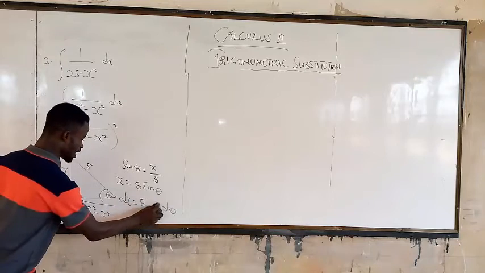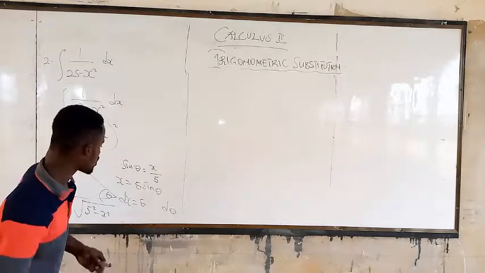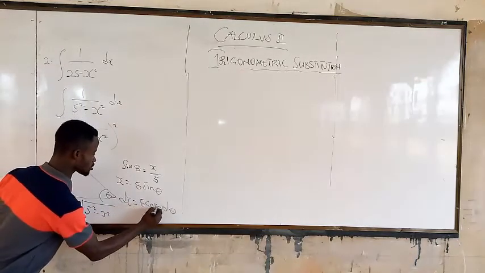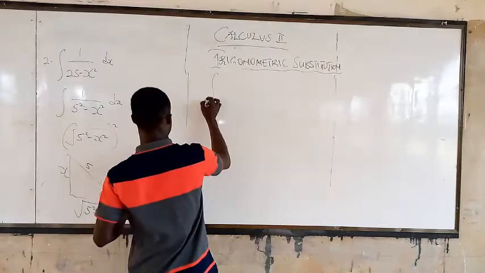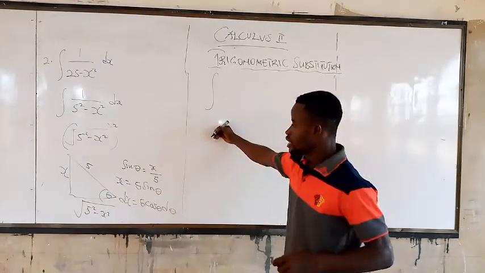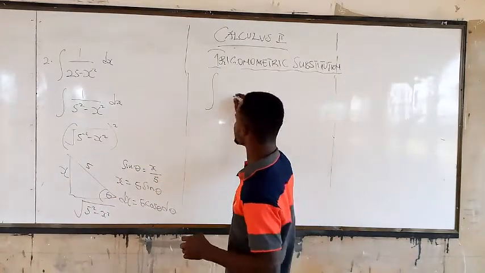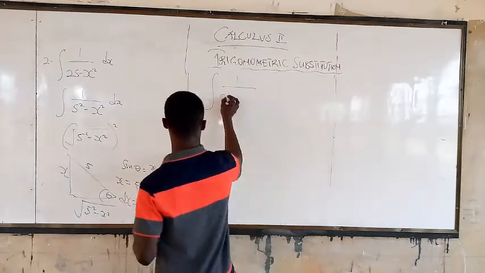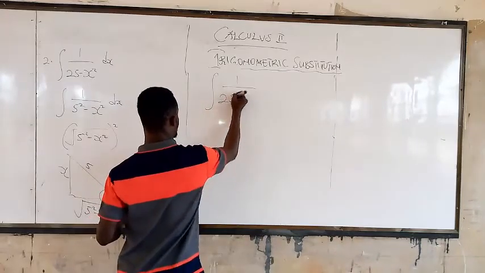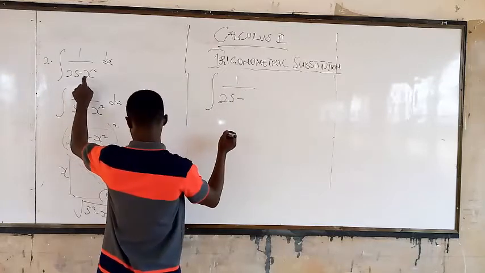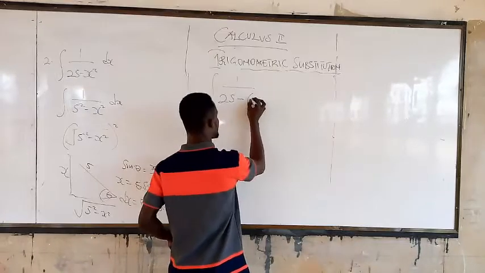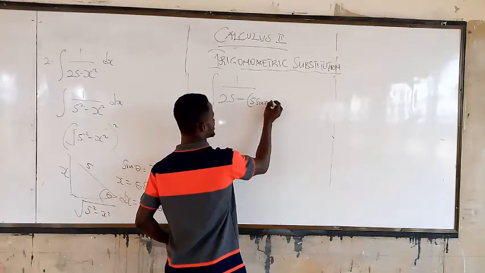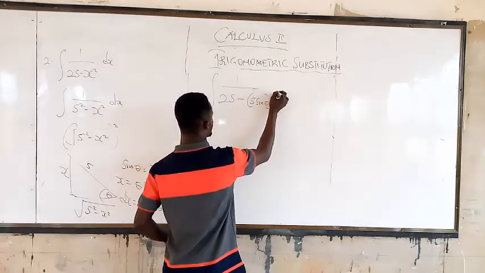When you differentiate sine, you get what? Cos theta. Very good. So here by substitution, you can see that we get 1 over 25 minus the s, which is what? 5 sine theta all squared.